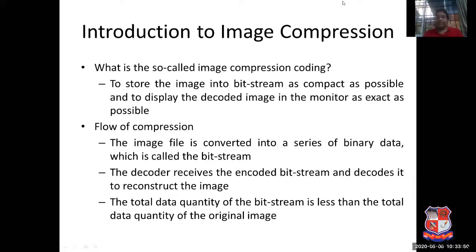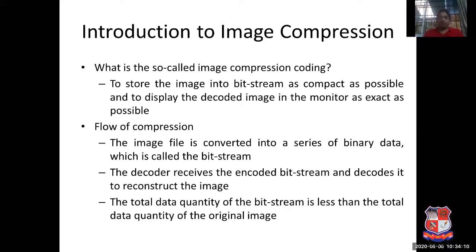If it is a color video, then each pixel has 3 planes, R, G and B. So there is a whole lot of data. You need to store a lot of information, and this much memory is a problem. So that's why there is a need for compression.